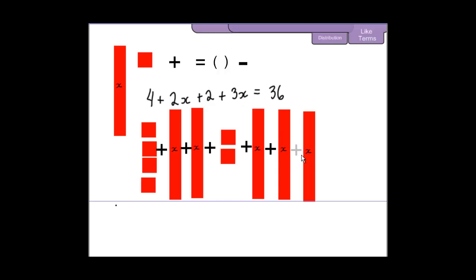So if you think about it, that's what I have. Here's my 2x, here's my 4, here's my 2, here's my 3x, and all of this has a value of 36.